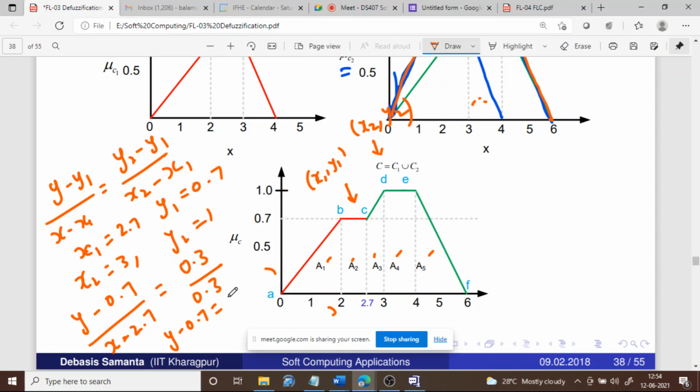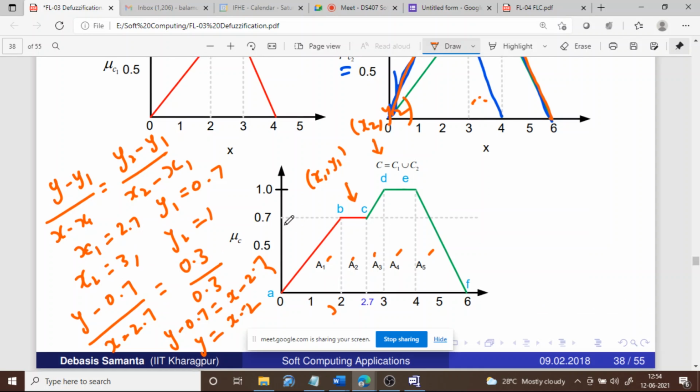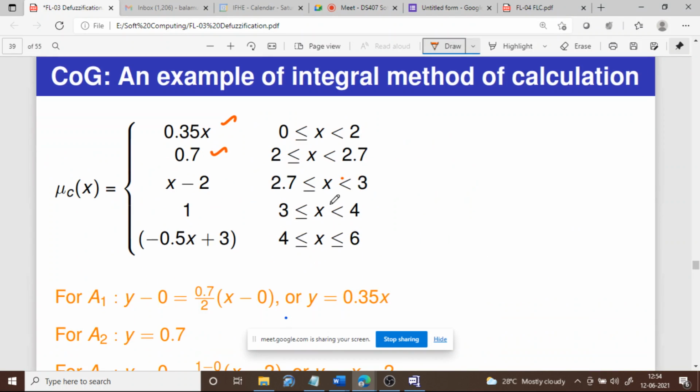So y minus 0.7 is equal to x minus 2.7, so y is equal to x minus 2.7 plus 0.7, which means y is equal to x minus 2. Anything in this range of x, the y will be nothing but x minus 2.